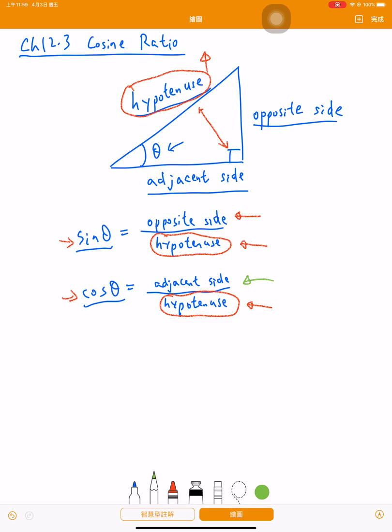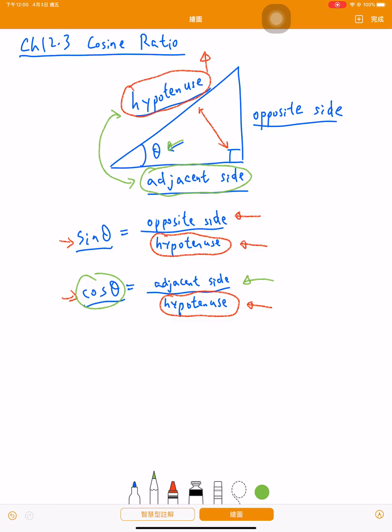So how can we distinguish between sine theta and cosine theta? I may use this idea to memorize it. For cosine theta, you can see the adjacent side is here, and theta is in between this hypotenuse and this adjacent side, right? Just in the middle between these two sides.